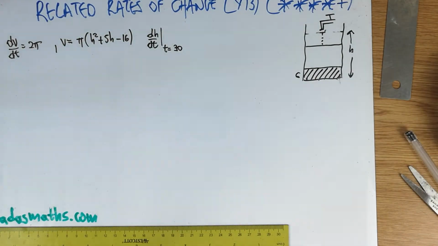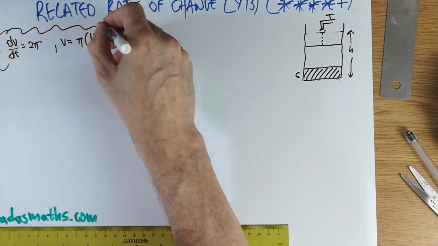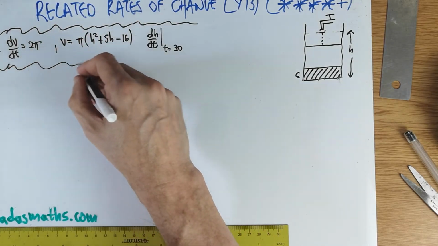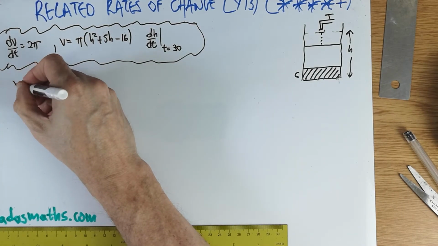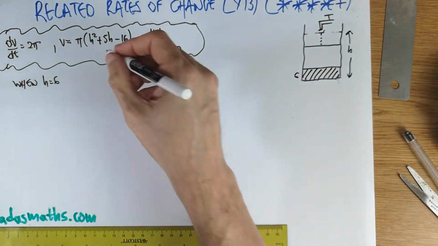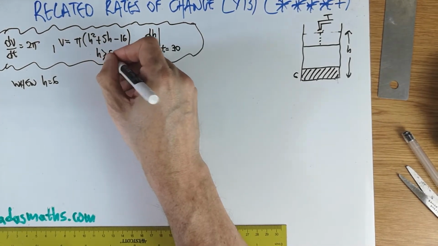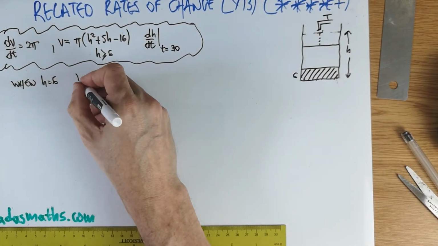Where do we start with something like this? The first and obvious thing: let's start collecting some information. When H is equal to 6, because of course this formula does say H has to be bigger than or equal to 6, it's the amount of water that we got in there.